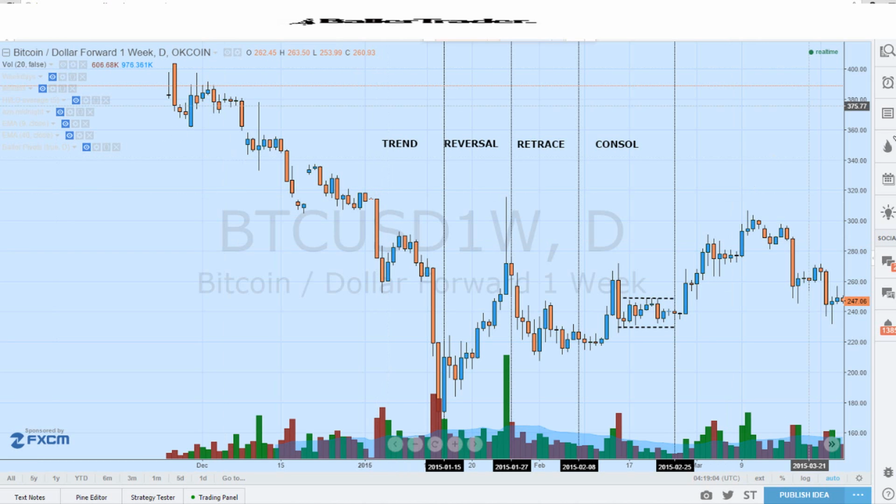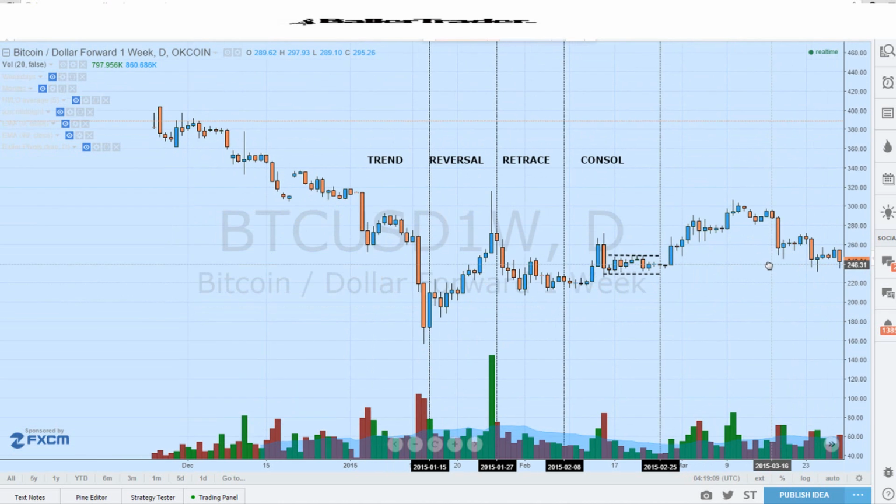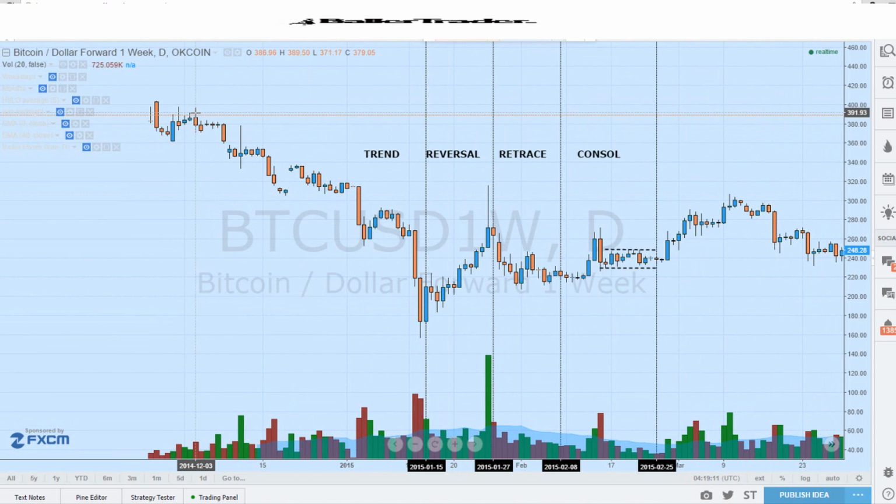Because a reversal is basically, if we're trending, and let's say the market is all about accumulation, manipulation, and distribution. Well, if smart money has accumulated shorts up here, they are going to look to distribute those short positions at the bottom.